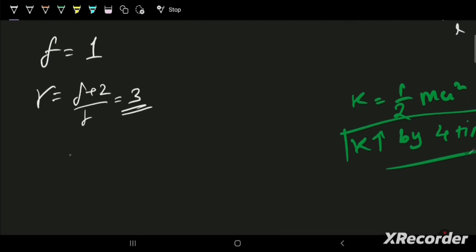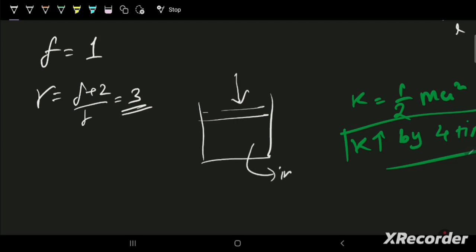So I can ask whether this process would be adiabatic, isothermal, or what. Now consider an adiabatic process. What is the key concept behind an adiabatic process? That some work will be done, and that work will be transferred in the form of internal energy. Now what is internal energy? Kinetic energy. Now what is an isothermal process?